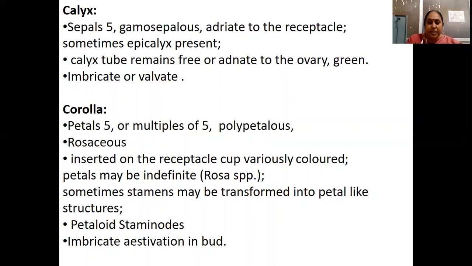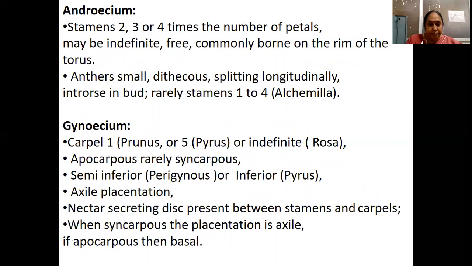The estivation is imbricate in bud. Stamens may be 2, 3, or 4 times the number of petals, or indefinite, free, commonly present on the rim of the torus or receptacle. Anthers are small, dithecous, splitting longitudinally, in rows in bud condition. Rarely, stamens are 1 to 4.